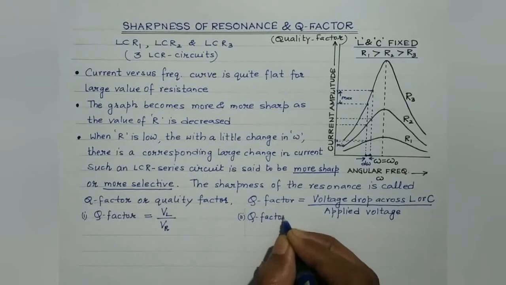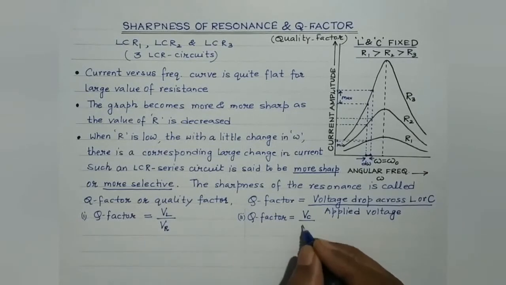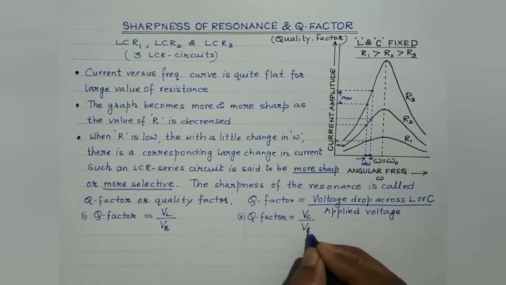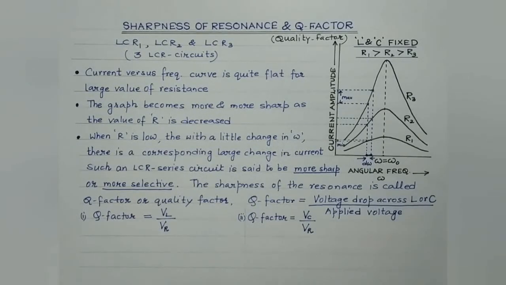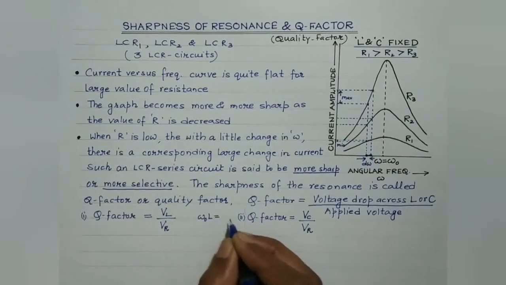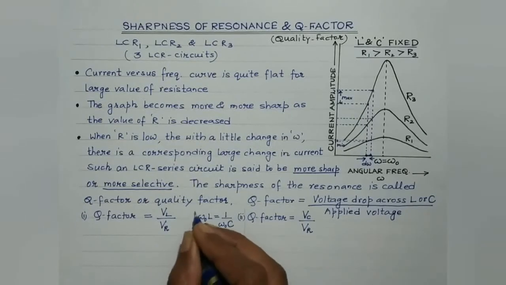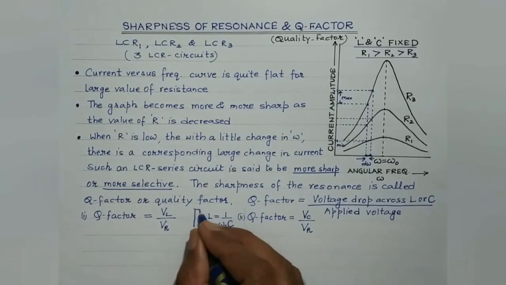Let's verify it mathematically. It can also be written as the ratio of the voltage across the capacitor to the applied voltage at resonance. Remember, we are talking about the resonance condition. At resonance, omega naught L is equal to 1 by omega naught C. Right? This is the resonant condition.